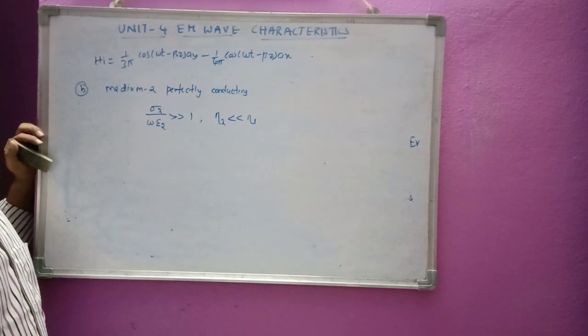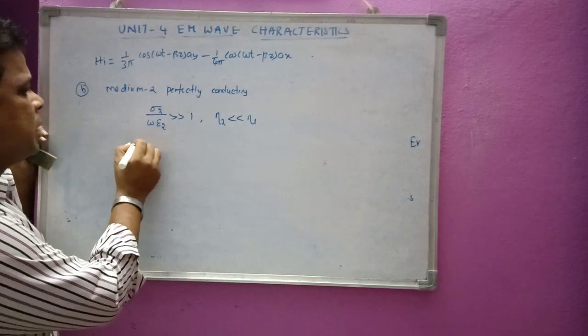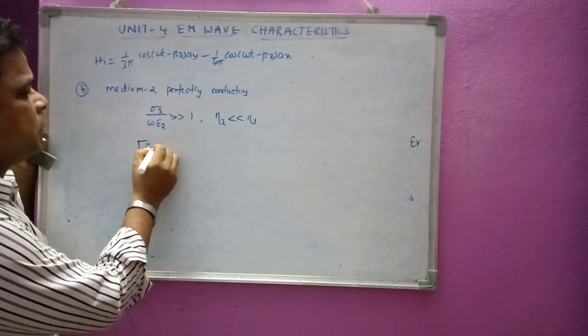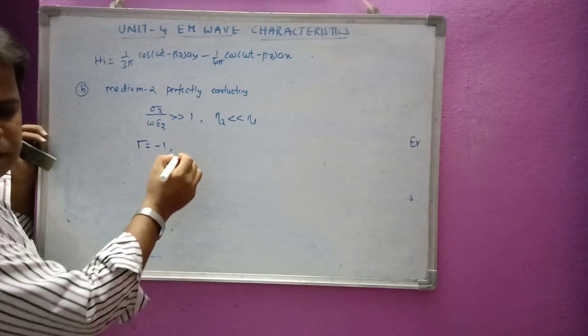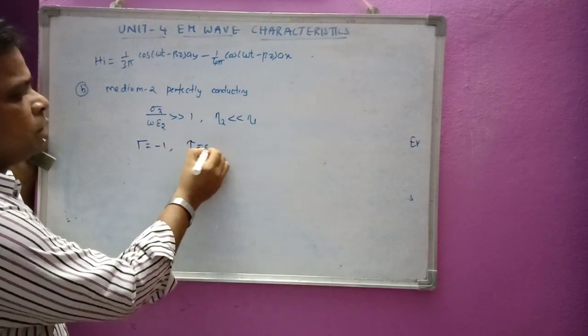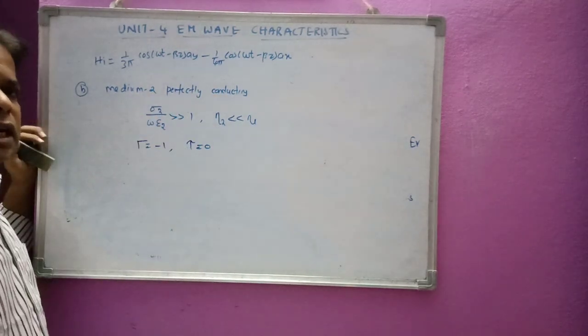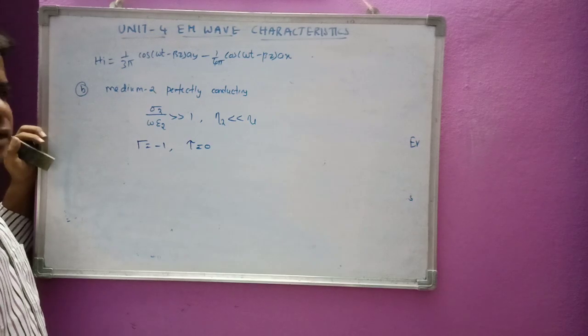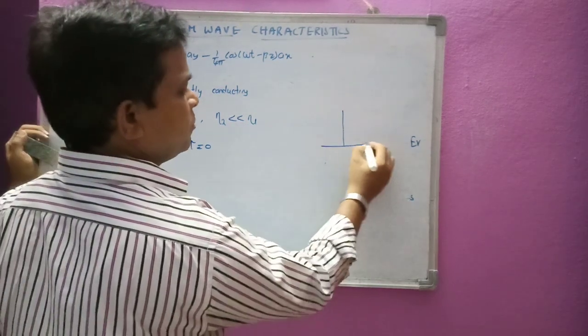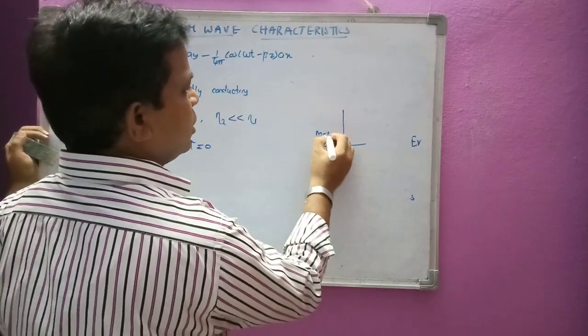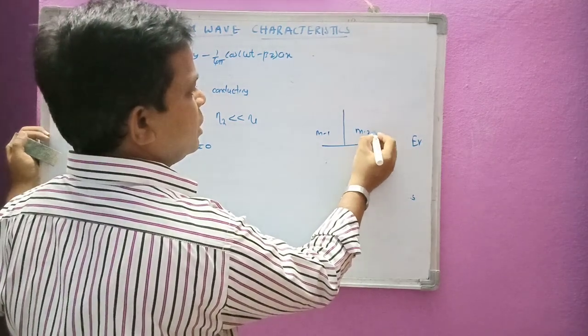Electric field won't exist. So that's why the reflection coefficient is approximately equal to -1 and the transmission coefficient is 0, that is the electric field is not going to transmit. So medium 1 is free space and medium 2 is a conductor.